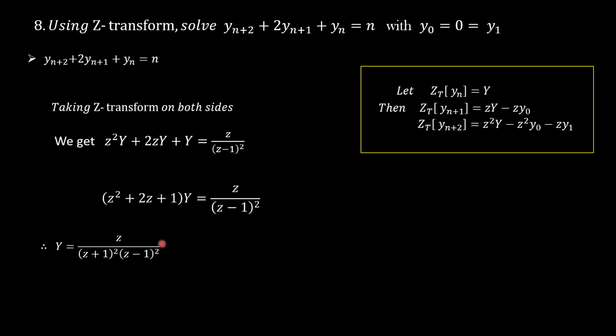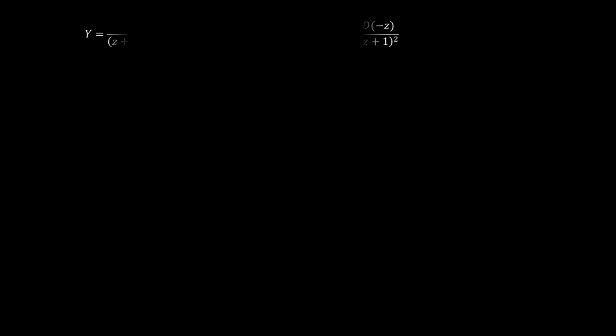Therefore, Y = z/((z+1)²(z−1)²), which is equal to az/(z−1) + bz/(z−1)² + cz/(z+1) + d·(−z)/(z+1)². Now find the constants a, b, c and d.